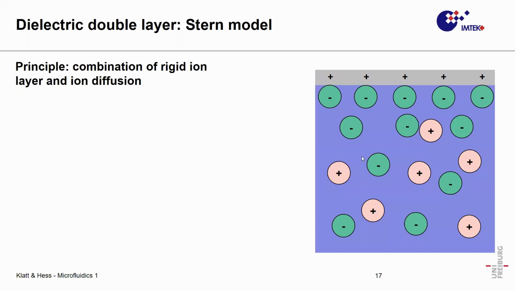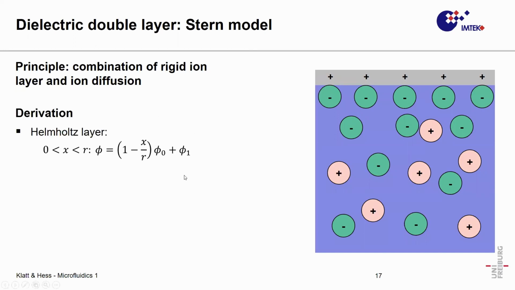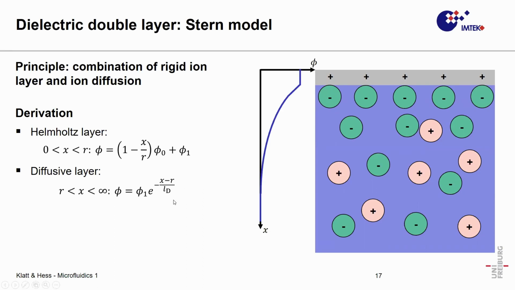Both of these phenomena can be described based on the two equations that we just derived. You have a linear change in the electric potential in the first layer, from x equals 0 to the radius of your ion. Further away, you have the exponential behavior of the electric potential. So close to the surface, the potential is linear, and then you get an exponential change of your potential.